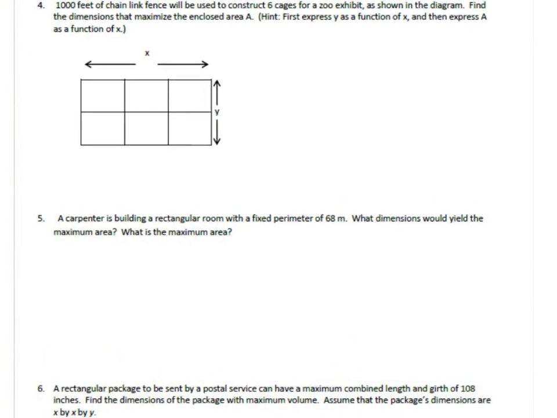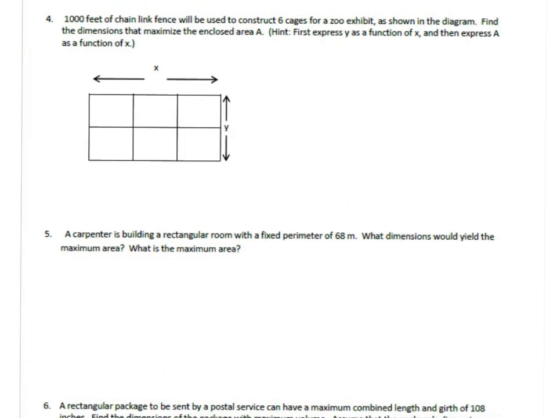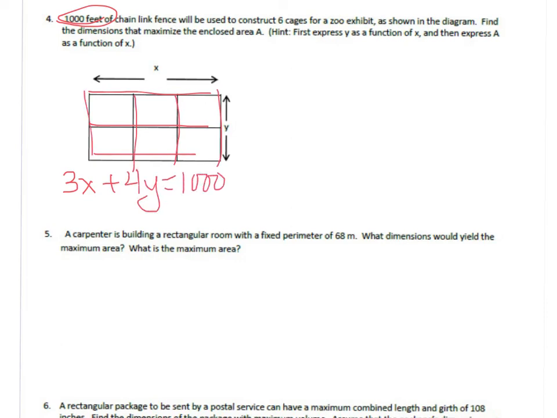Okay, for number 4, for the fence that we need, that's 1, 2, 3 x's plus 1, 2, 3, 4 y's equals 1,000. And we want to maximize area, so area is x times y. I'm going to purposely isolate the y since 1,000 divides by 4. Divide everything by 4.